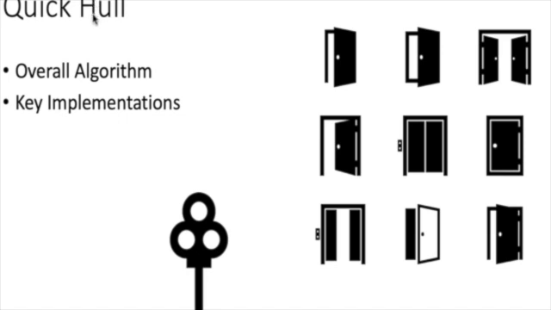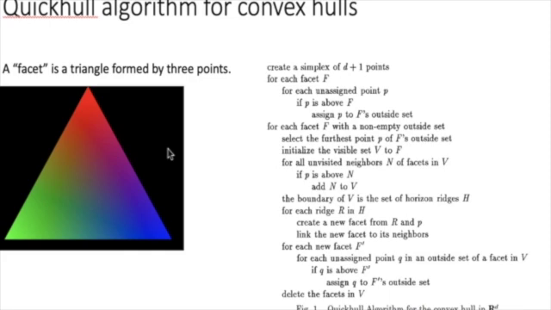And I will talk about the QHOP algorithm. Firstly, I will talk about the overall algorithm, and then the key implementations. This is the pseudocode, and a face is a triangle formed by three points.